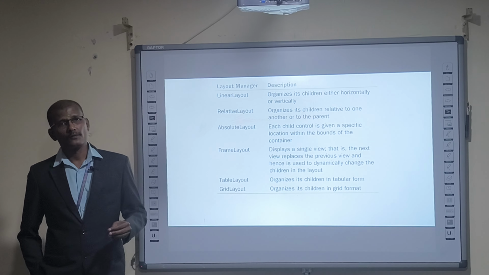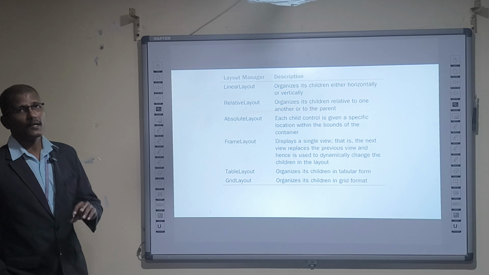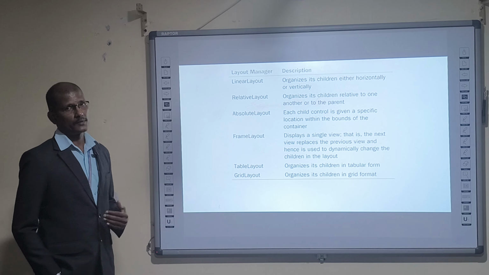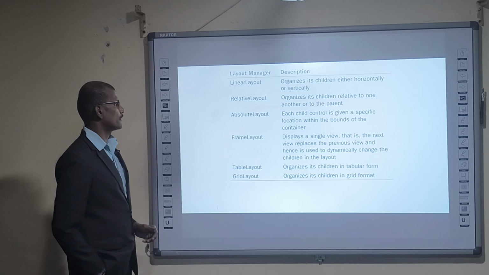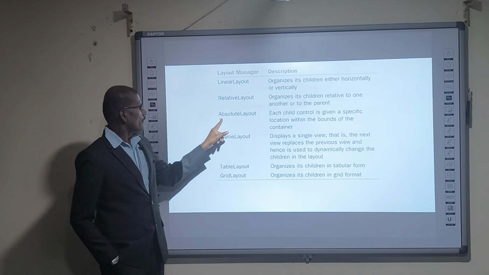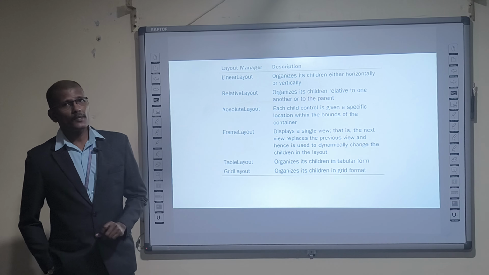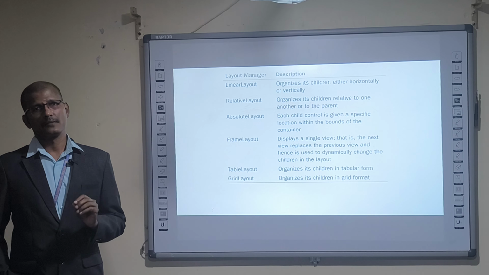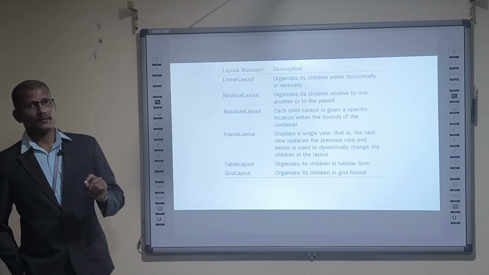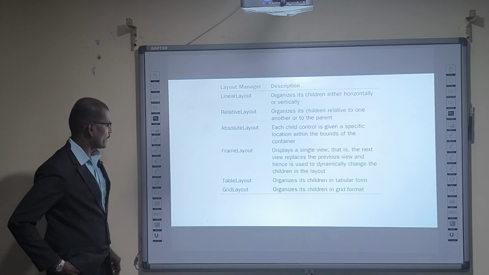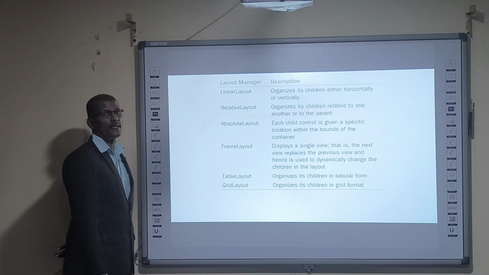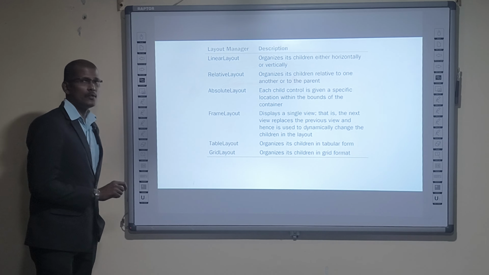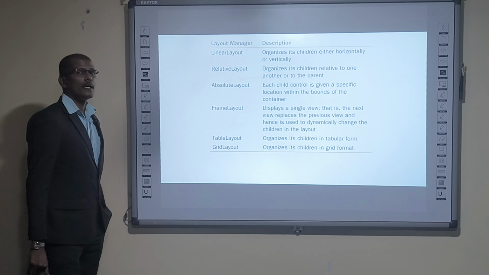In this we can organize all the children views based upon nearby views or nearby children. Absolute layout is where we have to give the exact position, that means the x-axis and y-axis coordinates where our view has to be displayed in the activity screen. So you should give the x-axis and y-axis values in absolute layout.